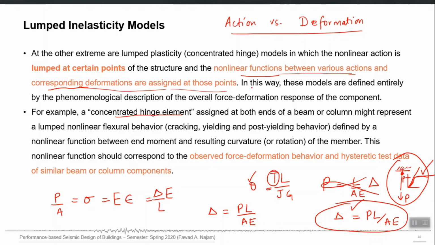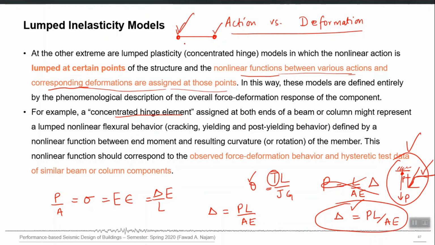But for a beam, let's say I select 2 points, 2 corners of that beam, to be the location of lumped inelasticity, then the primary action for a beam is moment. So these hinges should be of moment type, moment versus rotation type, right? So the bottom one has axial deformation hinges, and these are flexural hinges at both ends.